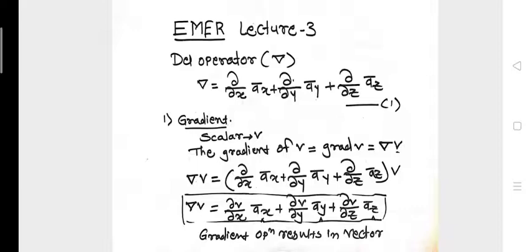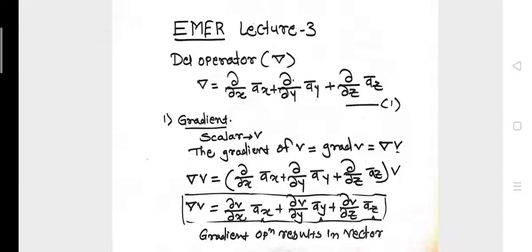Before that, let us understand the gradient. As I said, when the del operator operates on a scalar quantity, it is called a gradient. So let us assume a scalar quantity V. So gradient of V, that is grad V, is equal to del V, right?